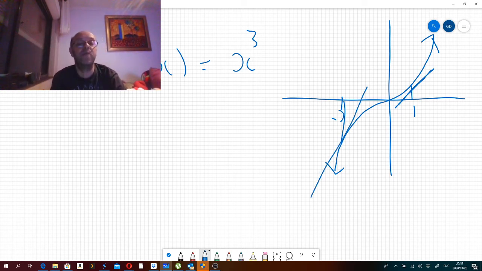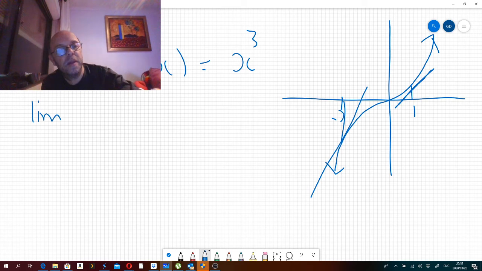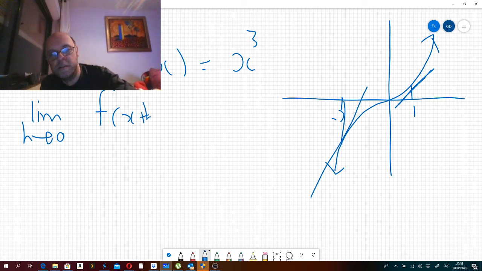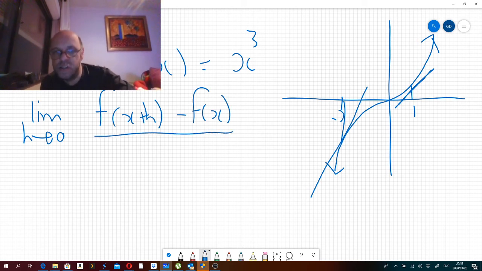We'll start with our first principles idea again, which said that the gradient is defined as the limit as h approaches 0 of the function of x plus h, which is just a little distance away from x, minus the function of x. Remember, that was what got us the tangent, and it was x plus h minus x at the bottom, which is just h. So let's fill in the values here. What is x cubed?